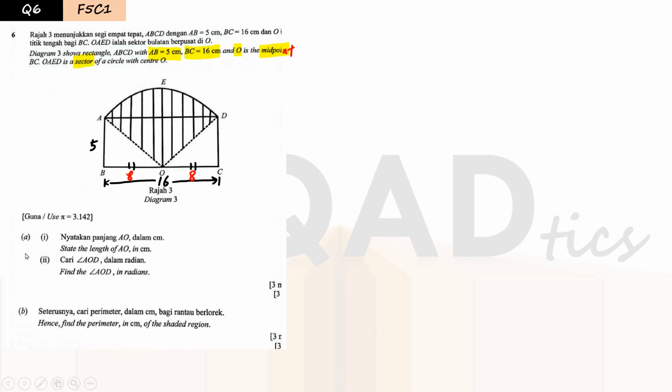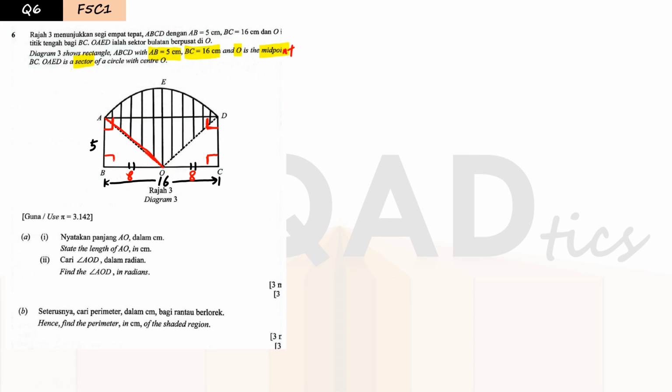So in part A1, we need to find out the length of AO. So AO is this line. Just now we mentioned that this shape is actually a rectangle, which means the angles of the rectangle here are all 90 degrees.